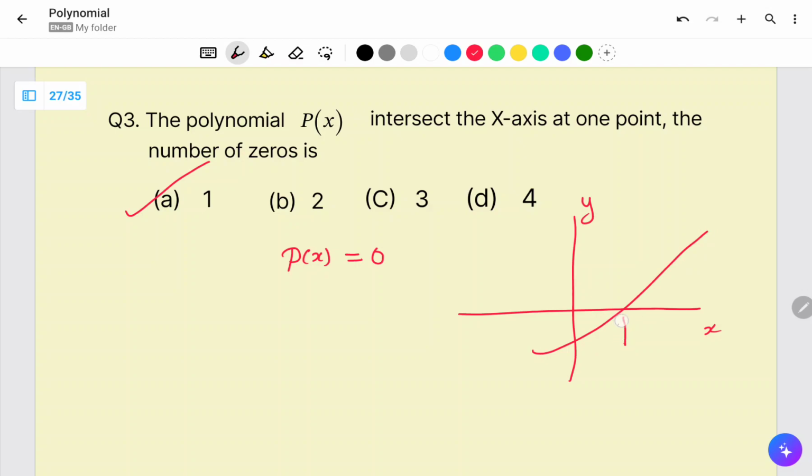This polynomial intersects the x-axis exactly at one point. So therefore, at this point p(x) is 0, which means that the number of zeros is 1. So the correct option is option A, which is 1.